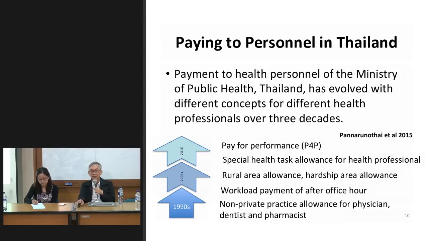It's 10,000 baht per month for doctors and dentists, and 5,000 baht per month for pharmacists. After that, we introduced the workload payment, which more or less can be interpreted as performance. If we want to achieve higher productivity, then we give the workload payment.